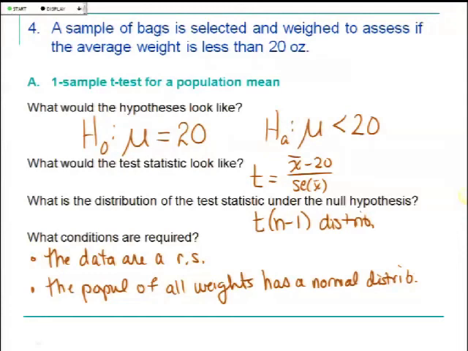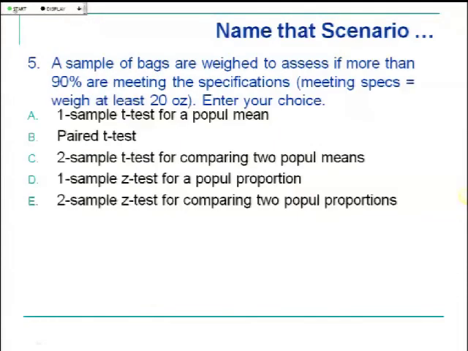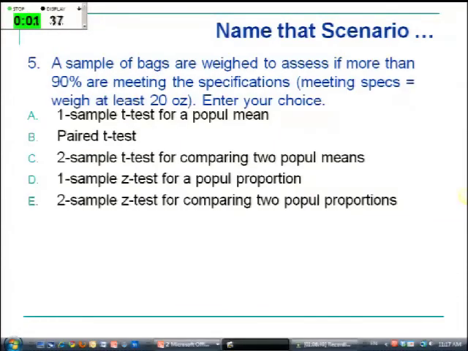Then there's one left. This one should be 100%. If you've crossed out all the others, there's only one left. We're still concerned about meeting our specifications, so we're going to take a sample of bags and just see, does it meet specifications or not? We want to assess if we're meeting specifications more than 90% of the time.